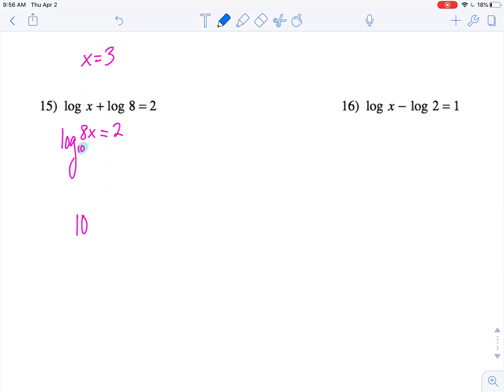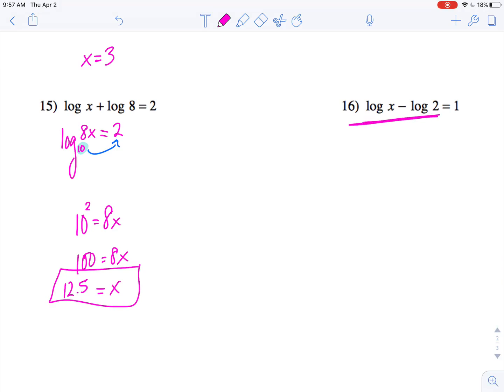And this is where you've got to be able to go the opposite direction of what we did in the beginning. So 10 to the second power equals 8x, or 100 equals 8x, or x equals, let's see, 12.5.